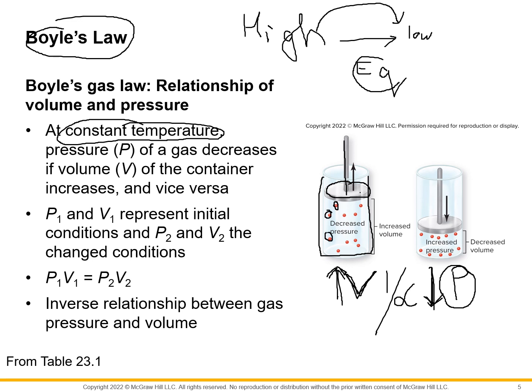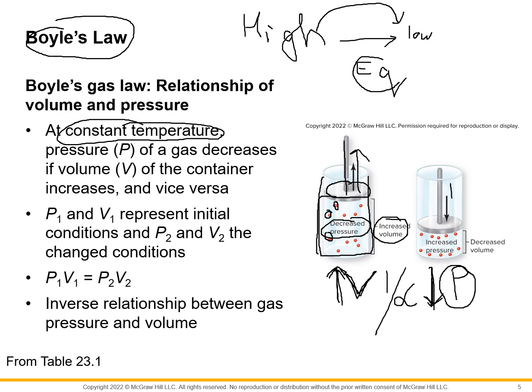If you pull out the piston, the volume of this container increases. So per Boyle's Law, when the volume of the container increases, the gas inside becomes less pressurized, or the gas pressure decreases. The opposite is true as well.